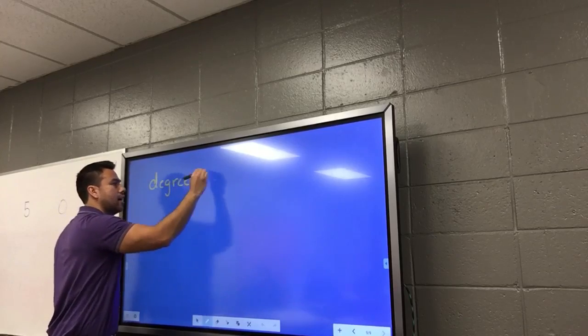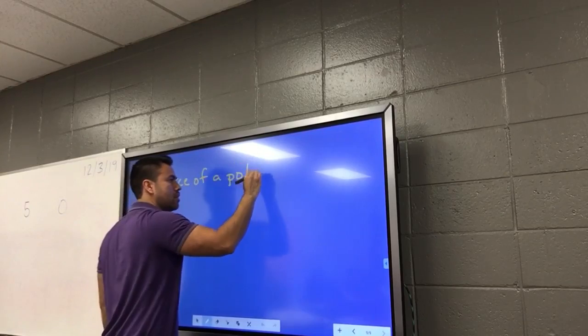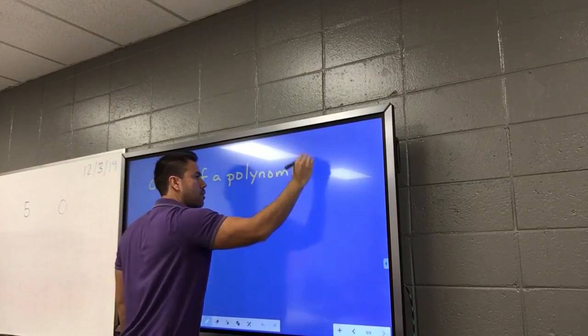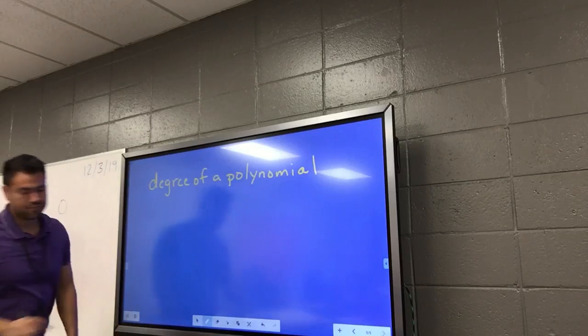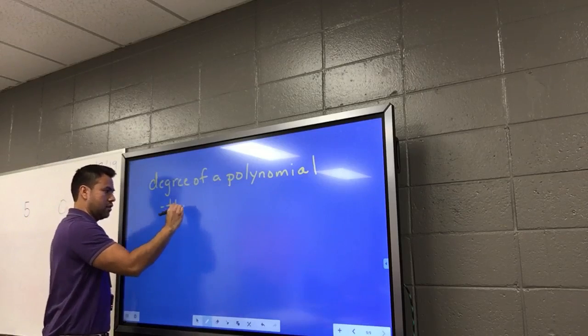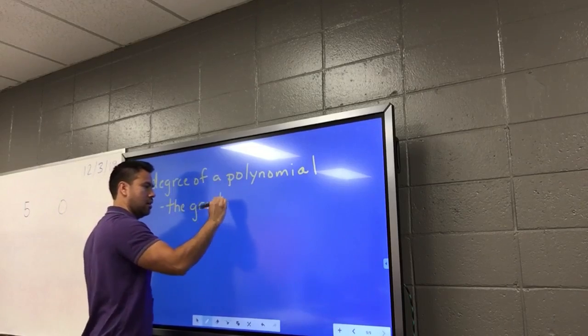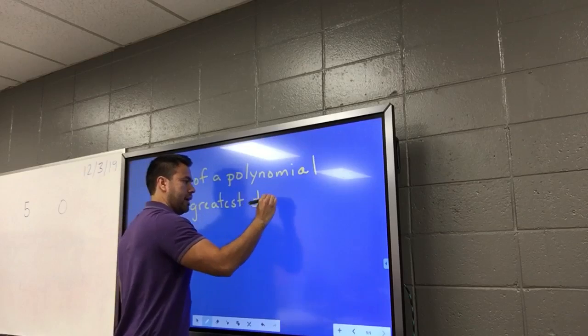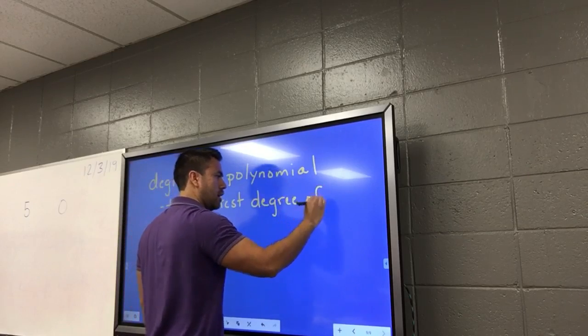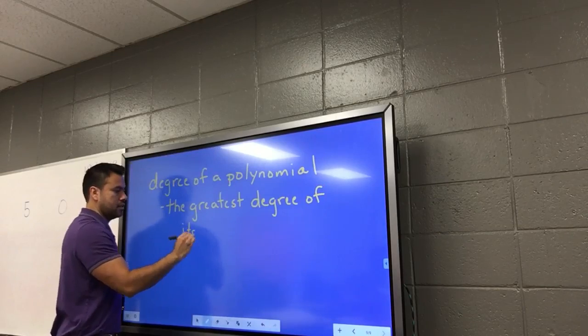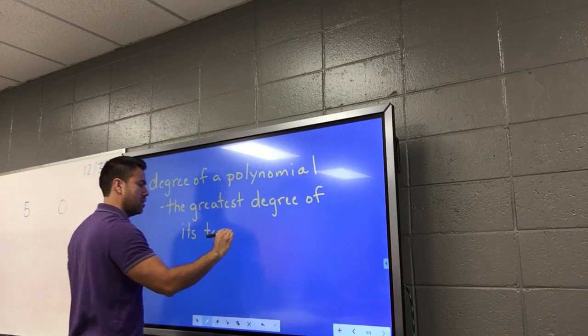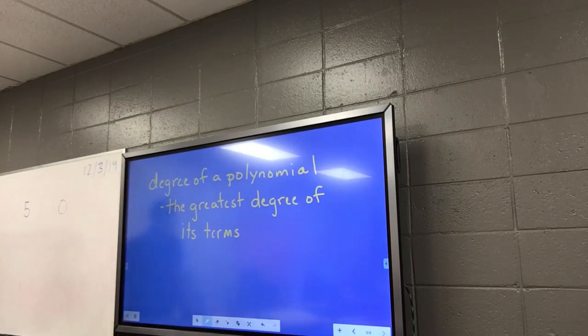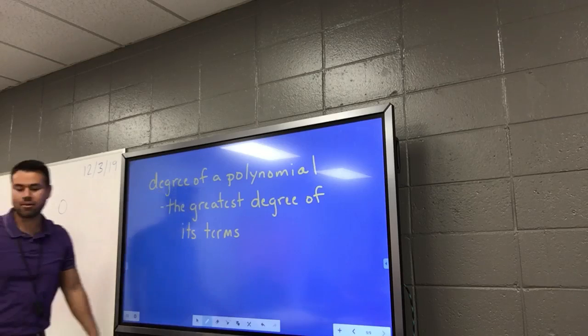The degree of a polynomial is the greatest degree of its terms. So you have to look at each term and then see which one's the highest degree. That's the degree of the whole thing. So that's basically what you do. You're just comparing them. You guys okay with that one?